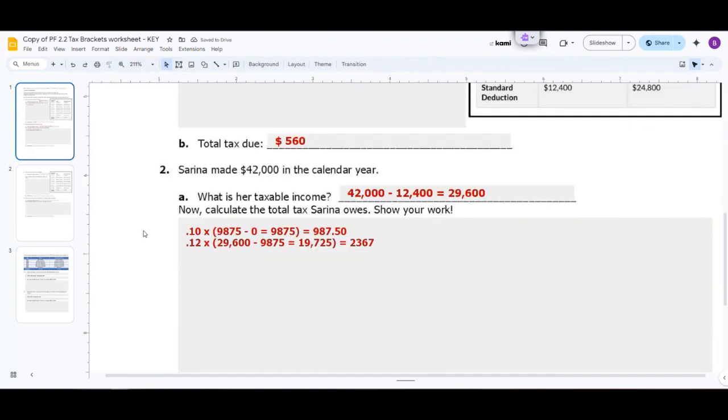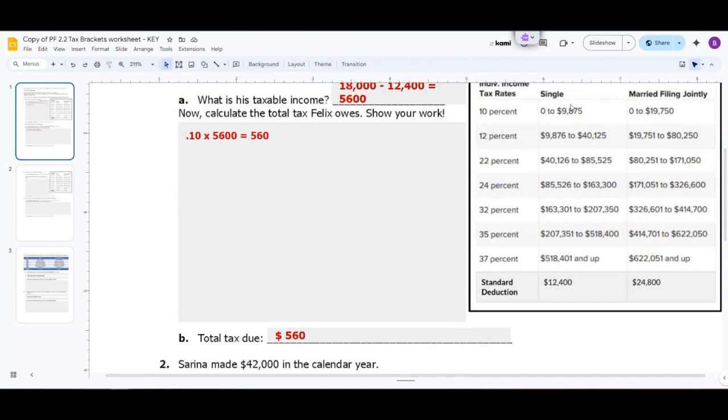All right, so the 10%, she's going to fill up that first bracket, which is $9,875. Okay, 10% of that is $987.50. And then for the 12% bracket, we're going to take the last taxable dollar that she earned, $29,600, but we need to subtract out the dollars that didn't fall into that 12% bucket. Instead, we're in the 10% bucket.